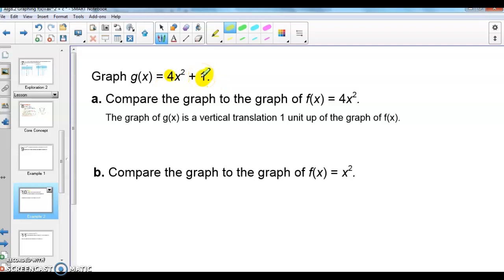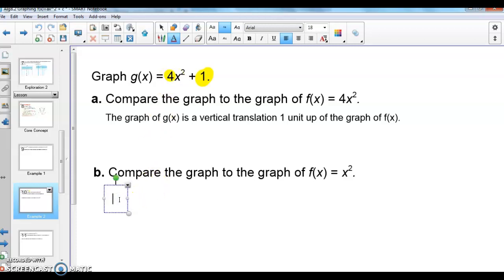Well, a general rule is we follow the rule of PEMDAS or GEMDAS. Since multiplication comes first before addition, we're going to describe first how the 4 that was multiplied to x squared affects the parent function x squared. So how are we going to do that? We learned previously that multiplying by a constant that is greater than 1 changes your graph by causing a vertical stretch.